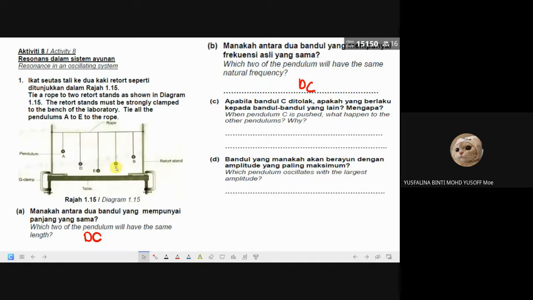D and C have the same frequency. So since they have the same frequency, D will oscillate with maximum amplitude, because the natural frequency of D has been reached.